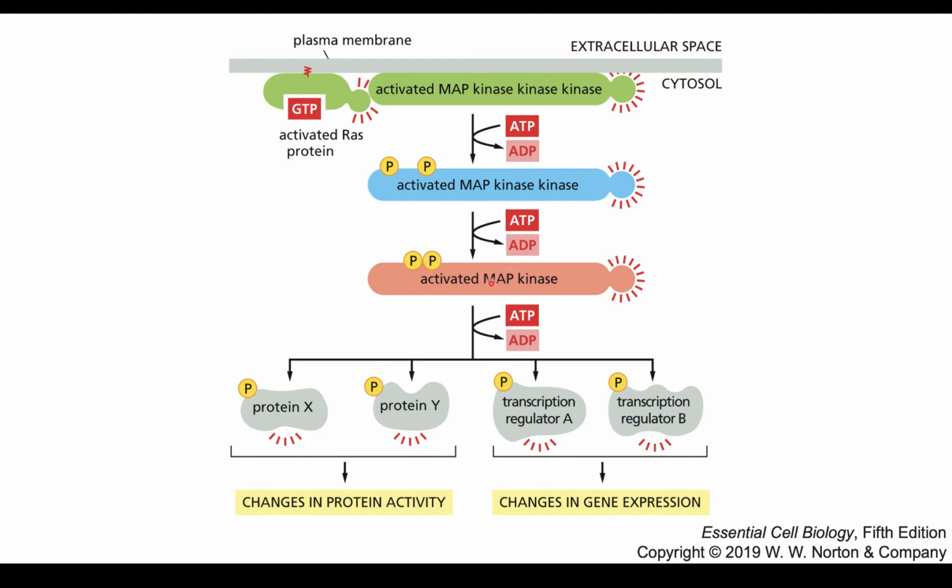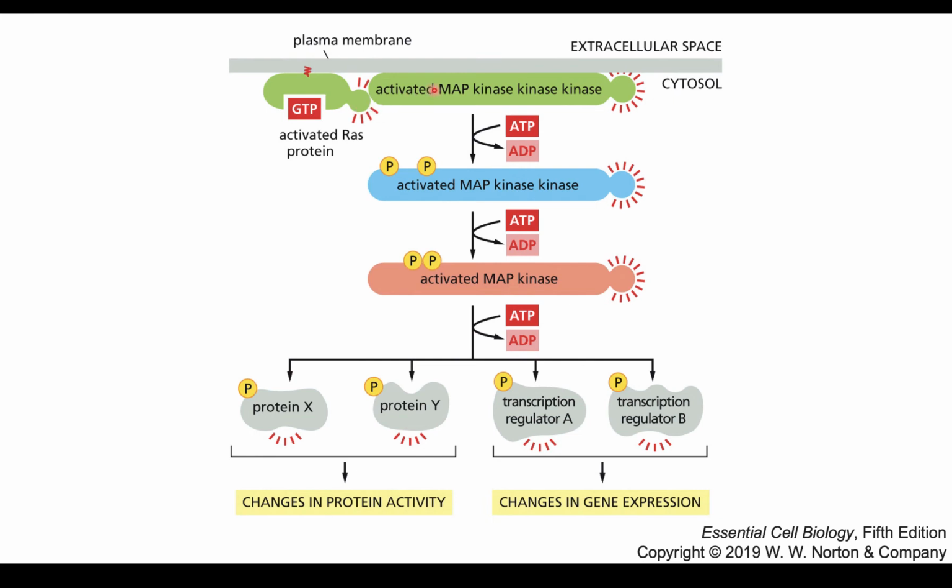So you can see that this MAP kinase is phosphorylated by a protein called MAP kinase kinase, and MAP kinase kinase is phosphorylated by a protein called MAP kinase kinase kinase. So this is our cascade of phosphorylation.